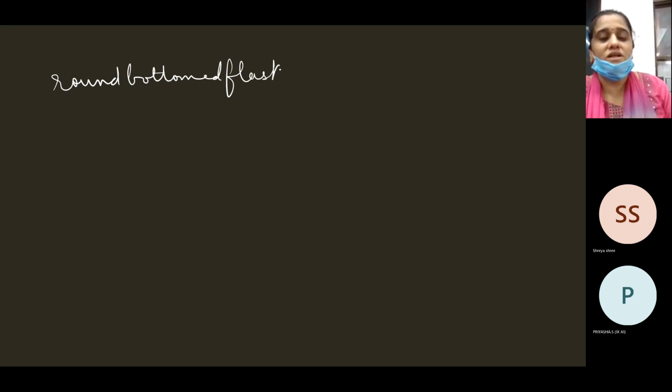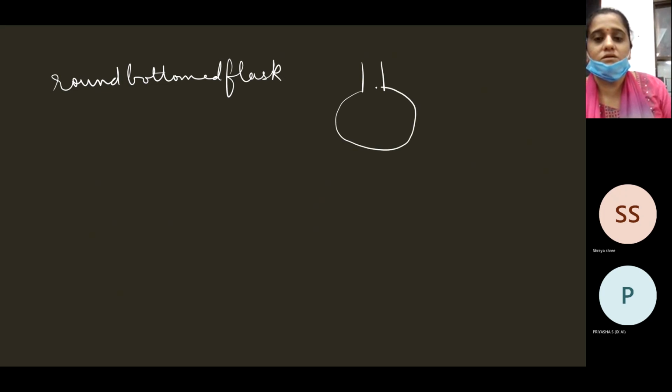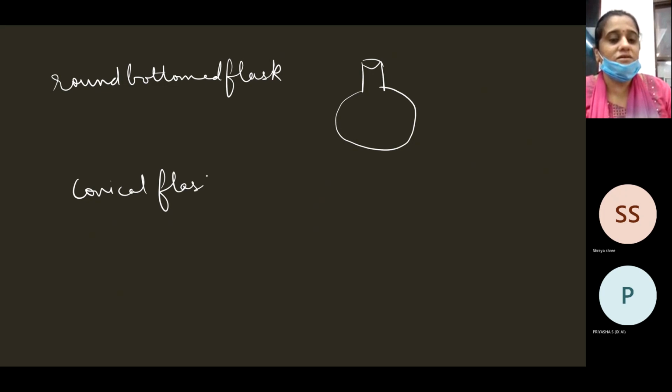A round bottomed flask looks like this. Then there's a conical flask like this.